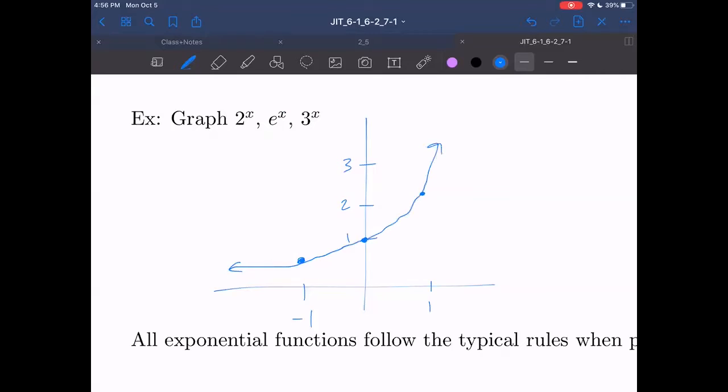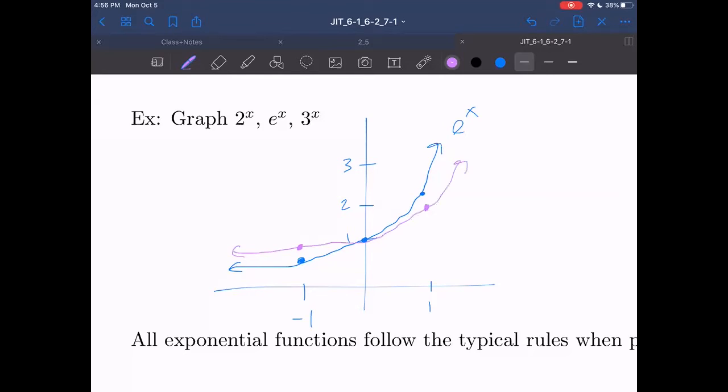And then so there's e to the x. We can also graph 2 to the x. So 2 to the x is going to be a little above e to the x when x is -1, and it'll be at 2 when x is 1. Still going through that point (0, 1).